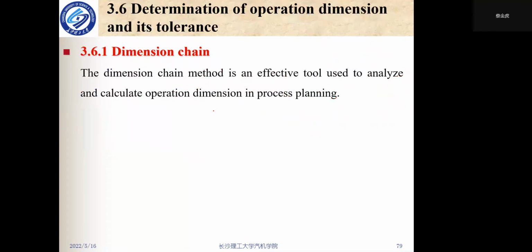So the next class will be a little difficult, which comes to the determination of operation dimension and its tolerance. And the first one is the dimension chain.